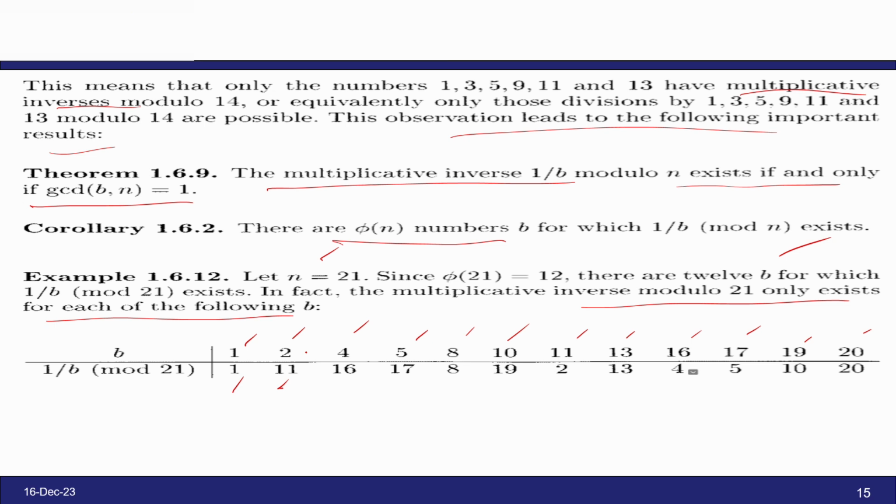And similarly, you take 4, we have 16, 5 we have 17, 8 having 8, 10 having 19, 11 having 2, 13 having 13, 16 having 4, 17 having 5, 19 having 10 and 20 having 20. So, this way we can find the multiplicative inverse under modulo 21.